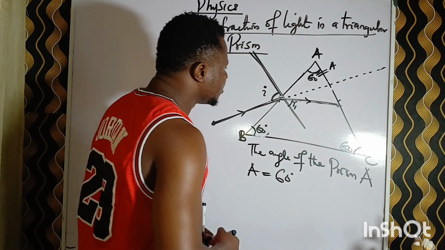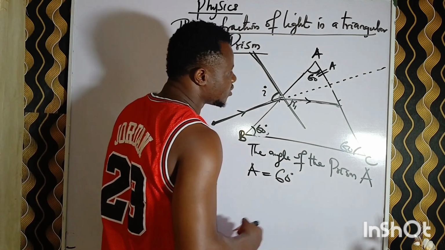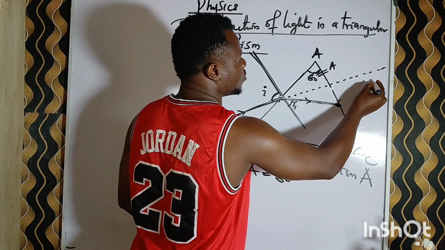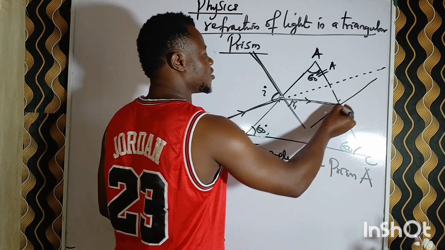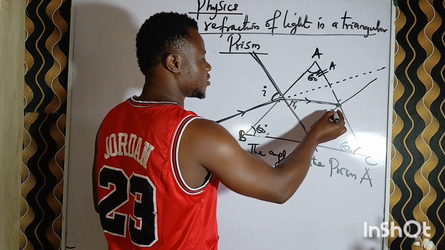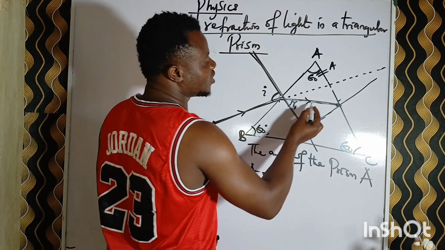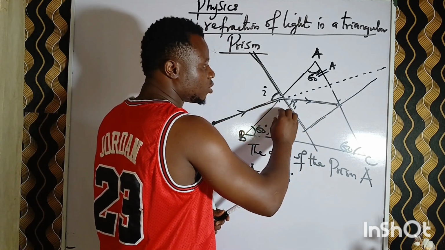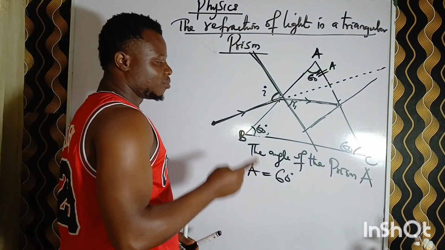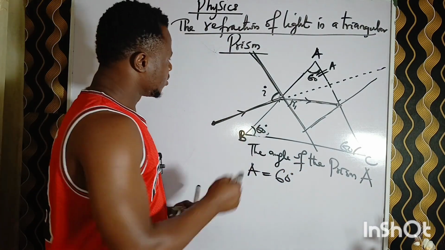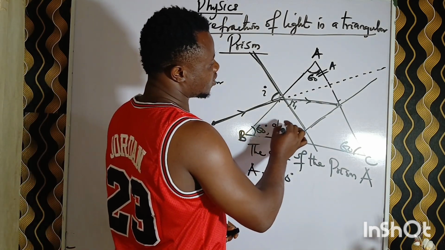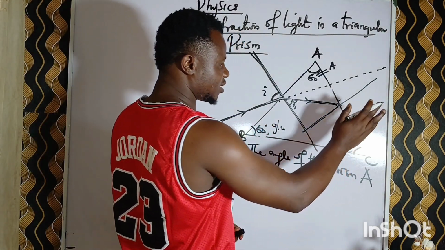Now, in that case, what can I say? Getting to this particular point again, what are we going to see? A normal again. This light will get to this interface, moving from one medium to another medium, it will bend. But there is one point I want to make here. This region is air. This one is glass. And this side is air, outside.